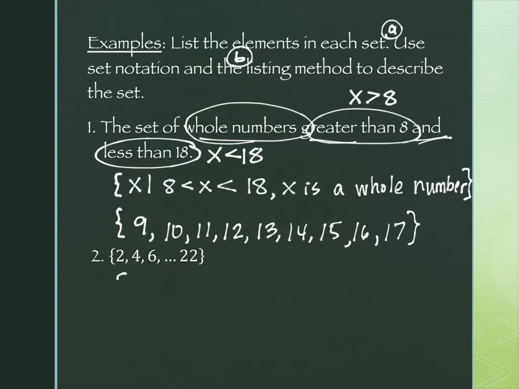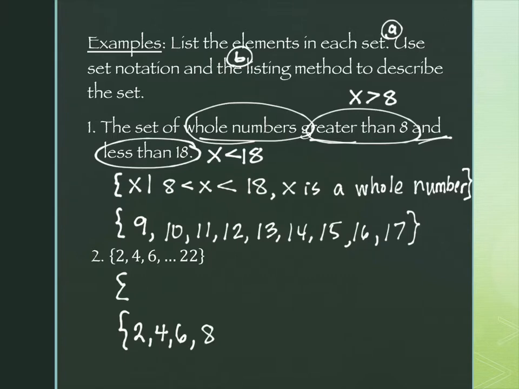So we're going to do that same set builder notation that we did before and the same listing method. And I'm just going to do them in the other order this time because it doesn't really matter. This is very nice because it's already written out partially, 2, 4, 6. So what number would come next? 8. It'll be 8, right? So we have to stick with whatever the pattern is that they've already established. They've established that this is skip counting, right?